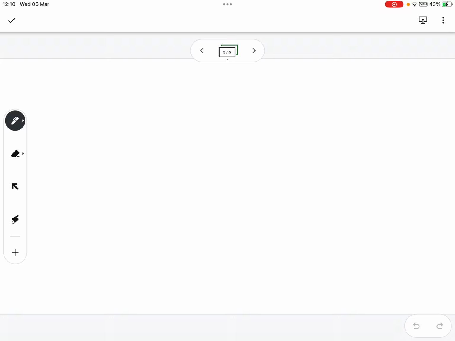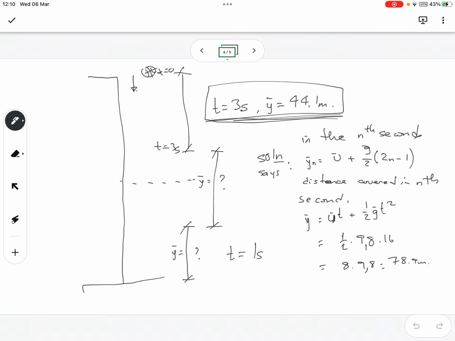But what we don't know is how long the drop is. We don't have the total time of the drop. Instead, we have 3 seconds, a gap, and then 1 second. But we know that in the last second and in the first 3 seconds, the drop is the same.